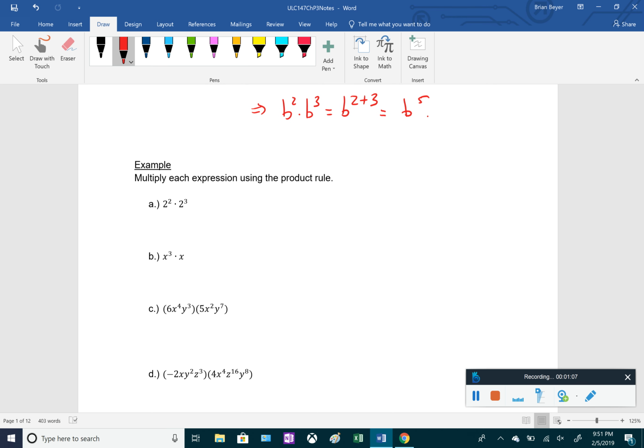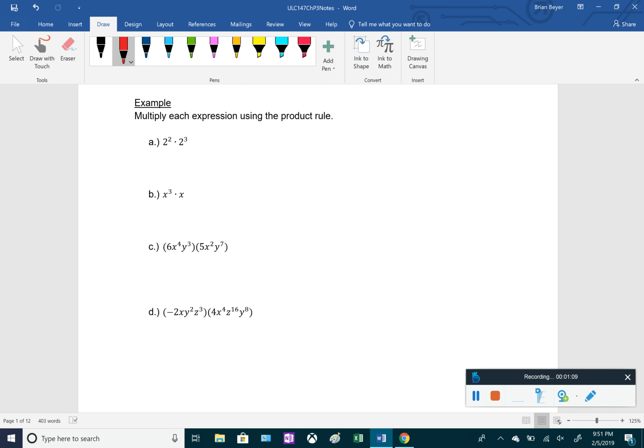So let's do some examples using this rule. Let's multiply each expression. For the first one, we have 2 squared times 2 cubed. This rule tells us that if we have the same bases, which we do, we can add their exponents. So add the 2 plus 3, and we get 2 to the fifth.